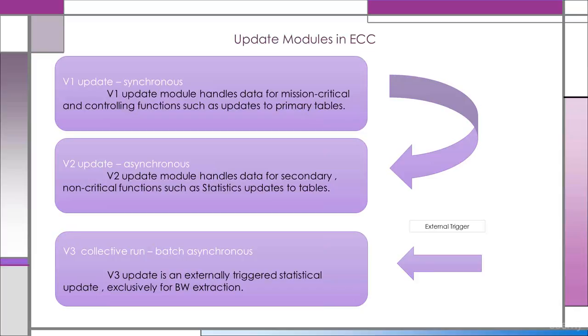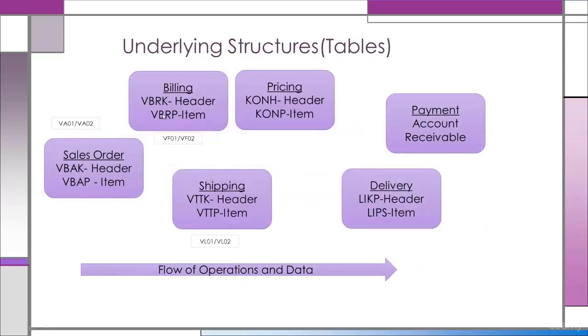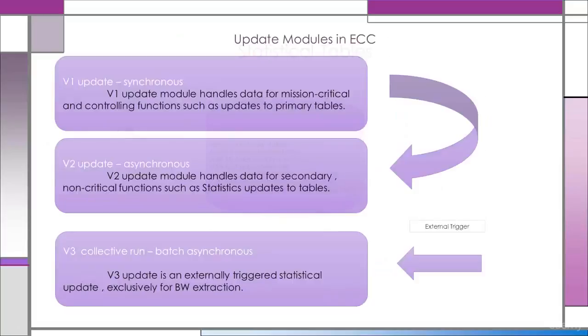V1 update is a synchronous update which will handle the data for mission critical and controlling functions. When I go back here, all this data is mission critical data. When we don't have this information, we don't know what's going on in sales and distribution.